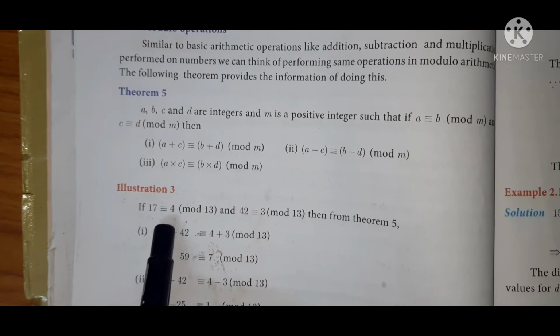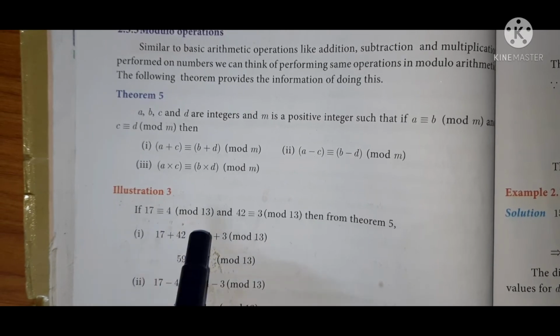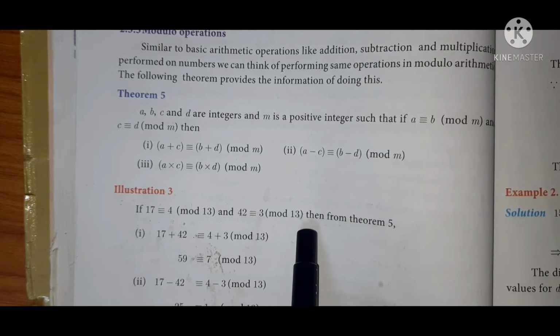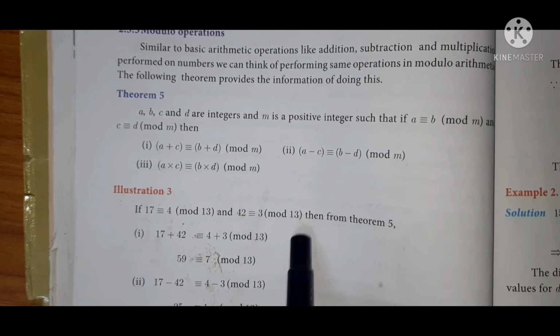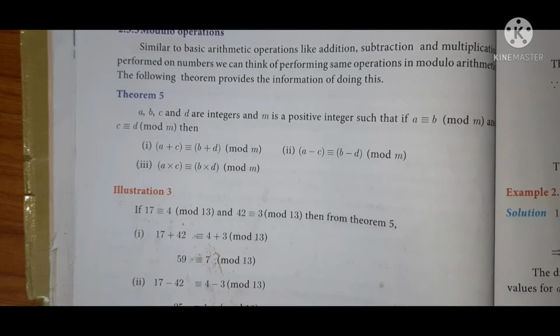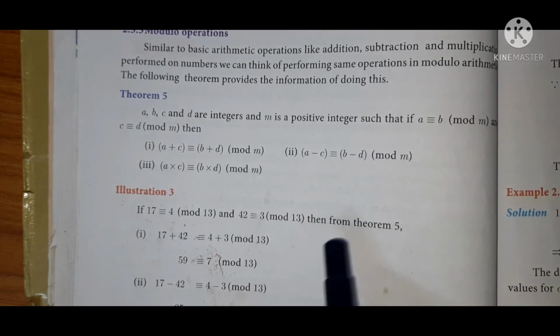Example: 17 is congruent to 4 mod 13, since when 17 is divided by 13 we get the remainder 4. 42 is congruent to 3 mod 13, since 42 divided by 13 gives the remainder 3: 13 into 3 is 39, and 42 minus 39 gives 3.